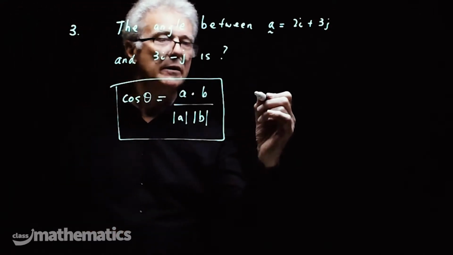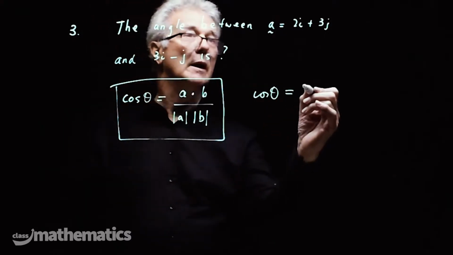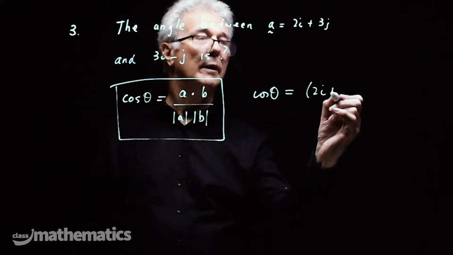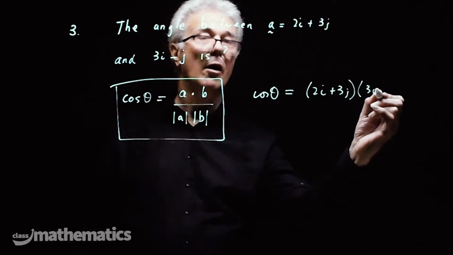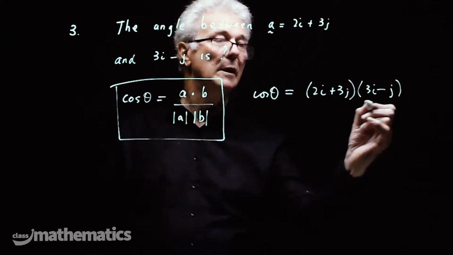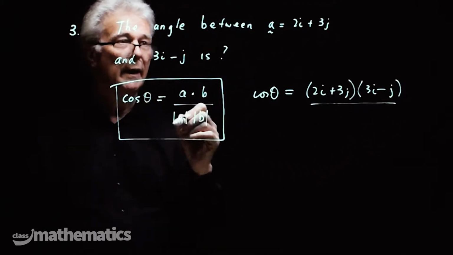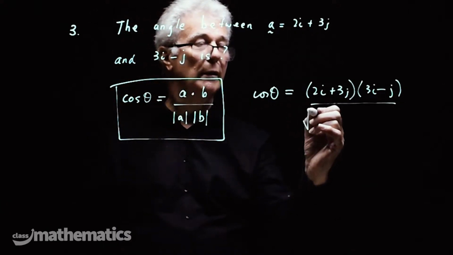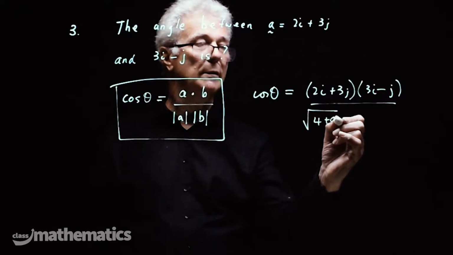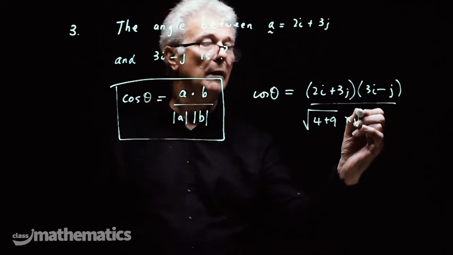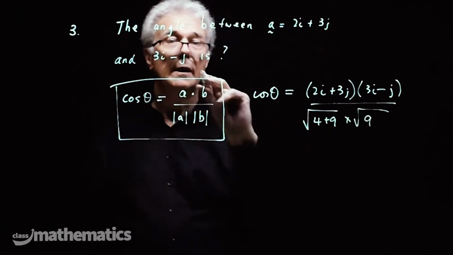So we say that the cos of theta is equal to a dot b, which is 2i plus 3j times 3i minus j, all over the magnitude of a, which is the square root of 4 plus 9, times the magnitude of b, which is the square root of 9 plus 1.